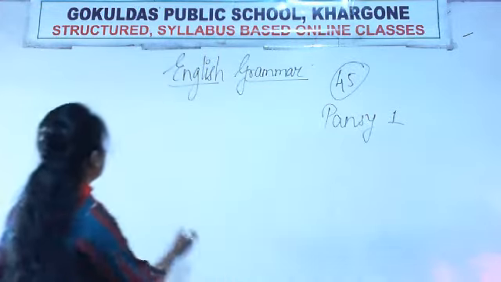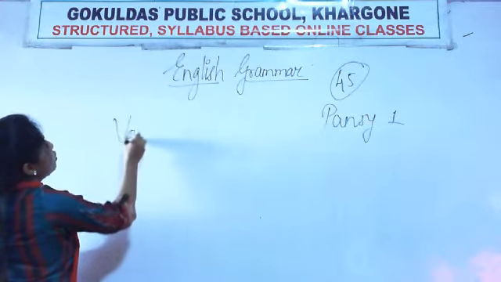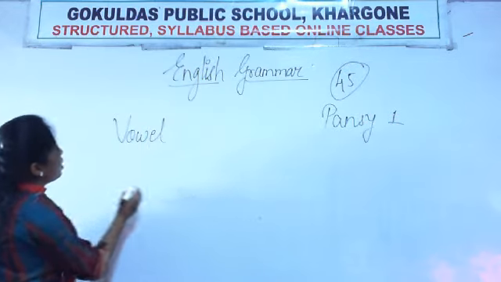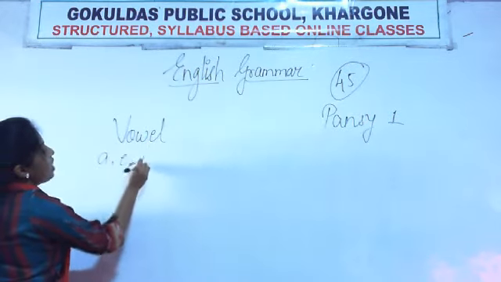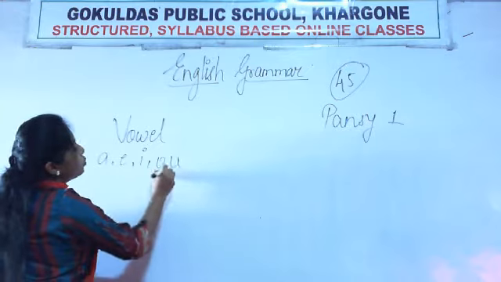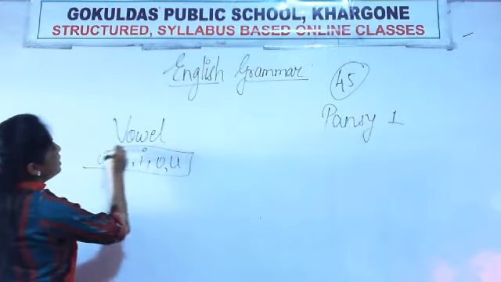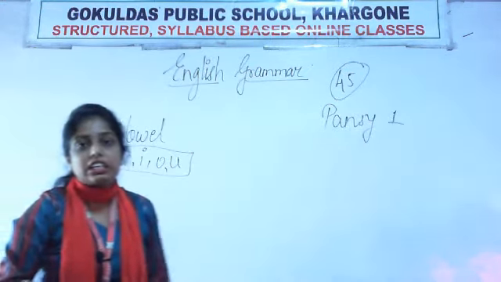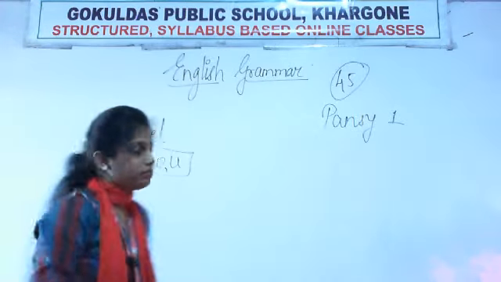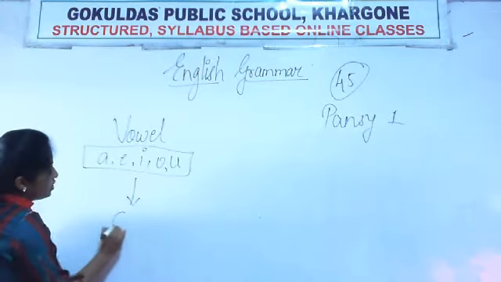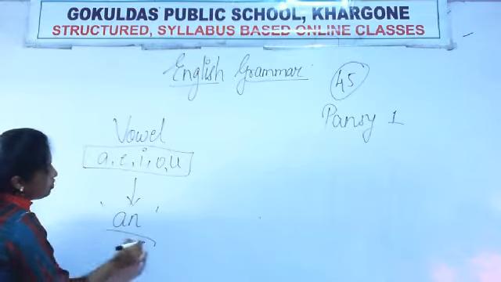Okay. So, with all the vowel sound words, what are vowels? A, E, I, O and U. So, with all the words beginning with these vowels, we use an. What is used? An is used. Alright.